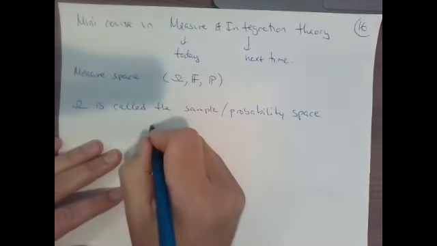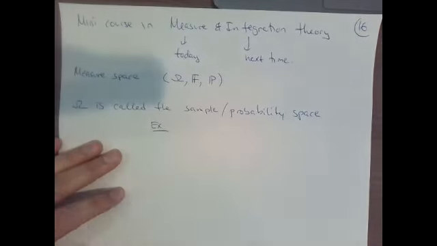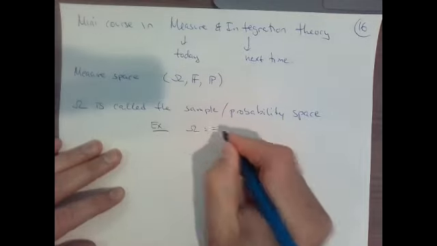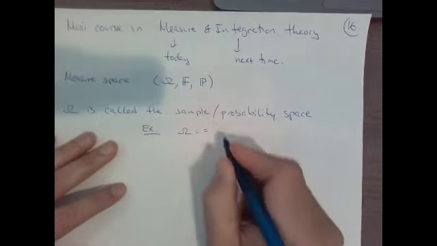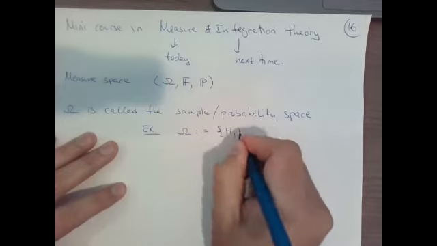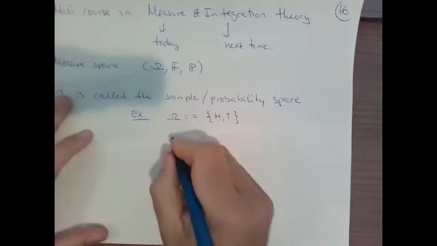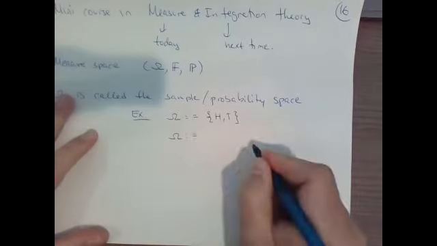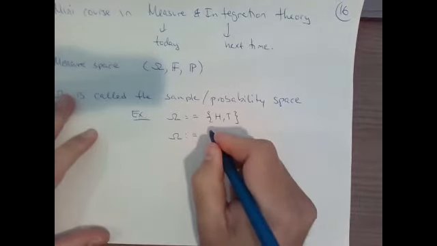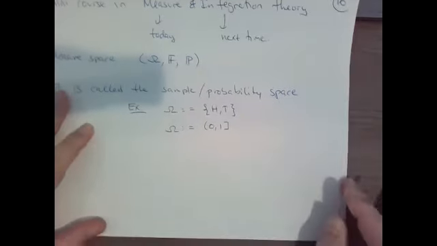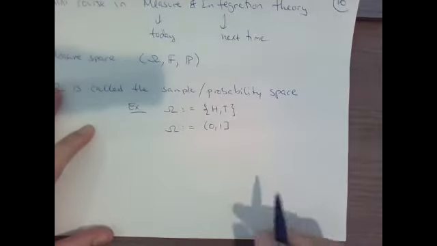Examples could be: we could have omega be what we've been doing, heads and tails. It could be an interval of the form (0, 1]. Often one has it open to the left, closed to the right.